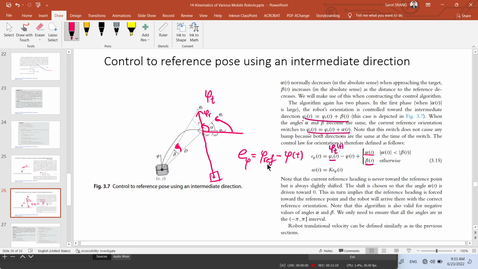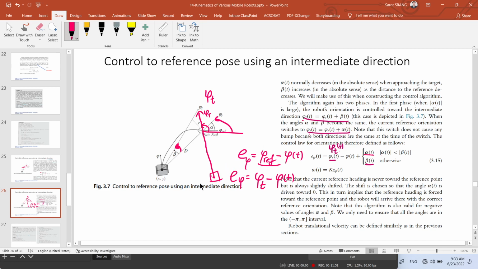Usually it is defined this way. But now we use an intermediate direction instead of phi ref. We use phi r plus alpha, which means we use phi t minus phi of t.